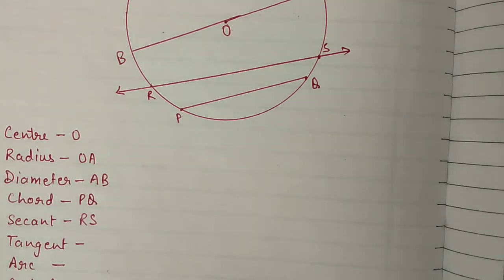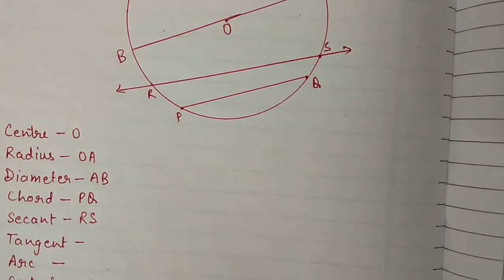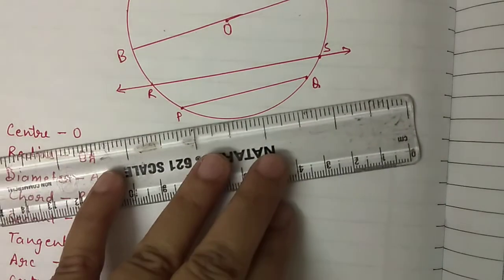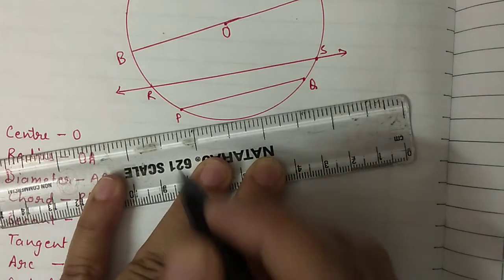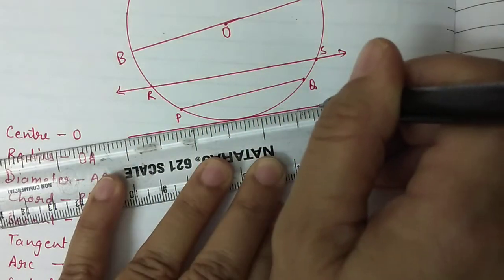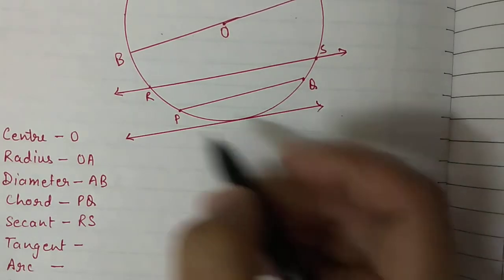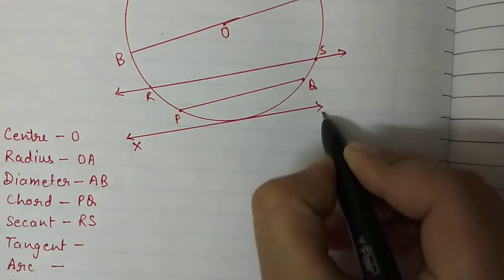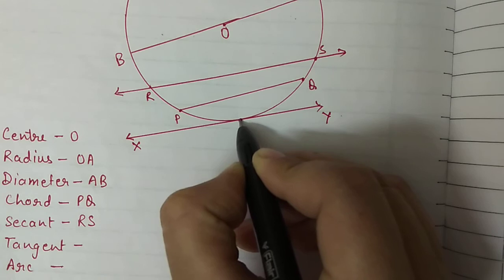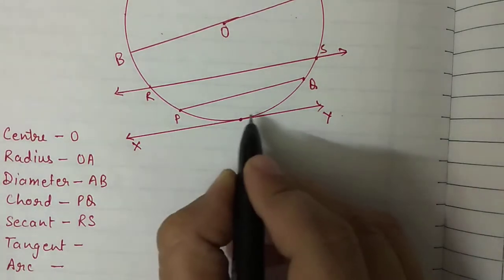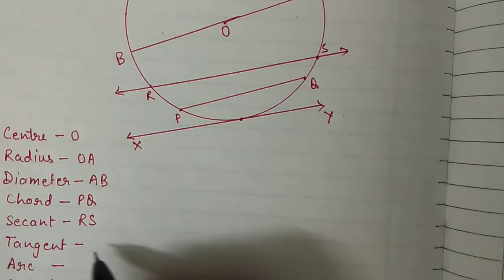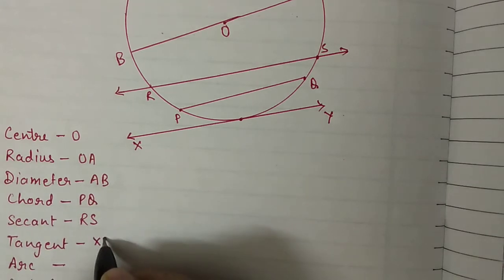Next, what is a tangent? A tangent means a line which touches the circle at one point. So any line which will touch the circle at one point, this type of line we will call a tangent. We can give any name here. Suppose I am giving XY. So this XY is touching this circle at this point, and this we will call a tangent.